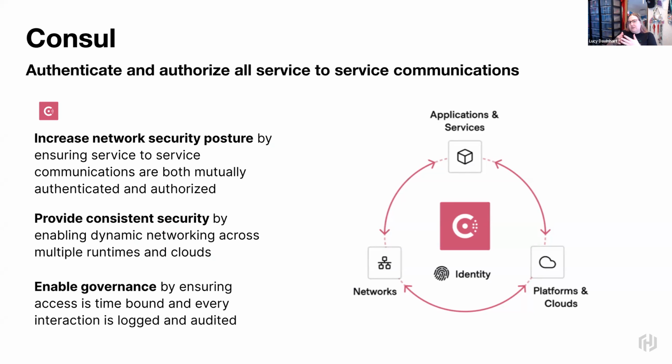A second use case that builds on top of that is the idea of network security. And Consul provides you the ability to enable mutual TLS between different services that are connected to it, encrypting all the communications in transit between these services, and if you have Vault, nicely integrating with that for the certificate management side.